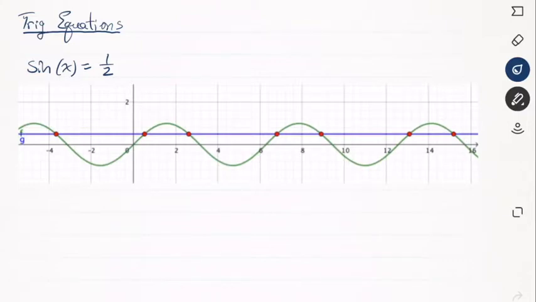You'll notice that they hit each other at several points, and this goes off for infinity in both directions, to the positive side and the negative side.